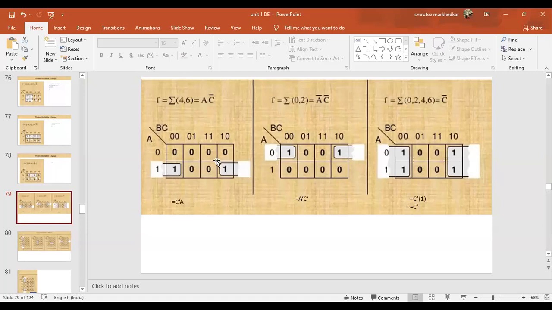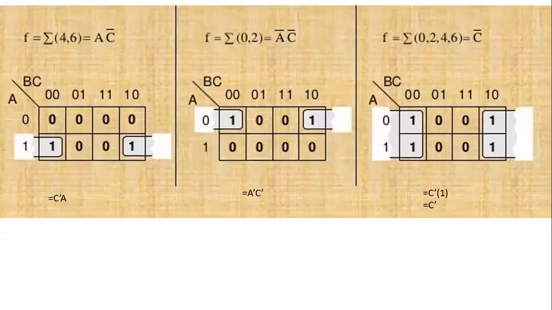Roll-on means they are placed just opposite to each other, like rolling a paper. If you roll a paper, both the edges come close to each other. That is what is done here. So when you roll the first question, 1 and 1 come close to each other and we can call it a pair. Same way we have done in the second and third examples, when you roll on, it becomes a quad. Because of that, they are able to cancel.